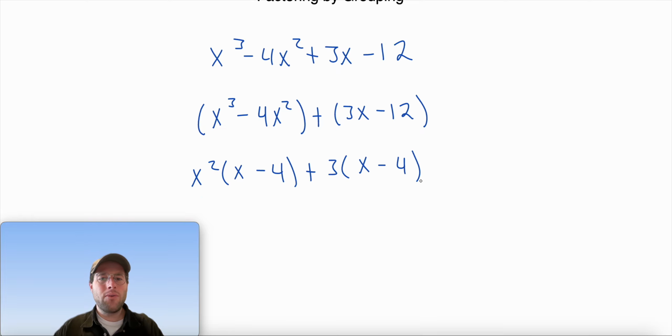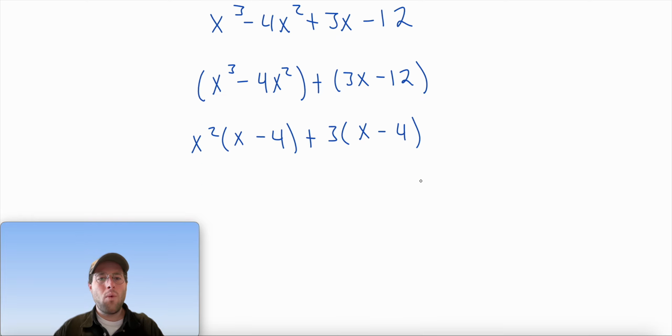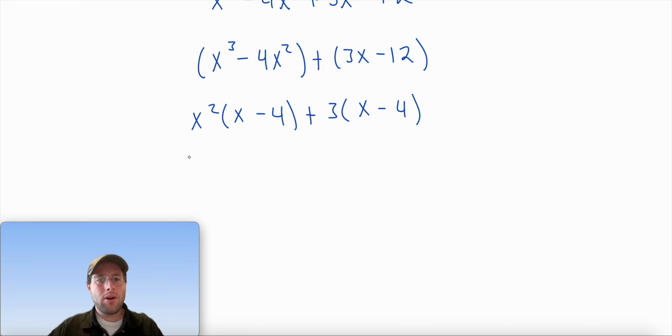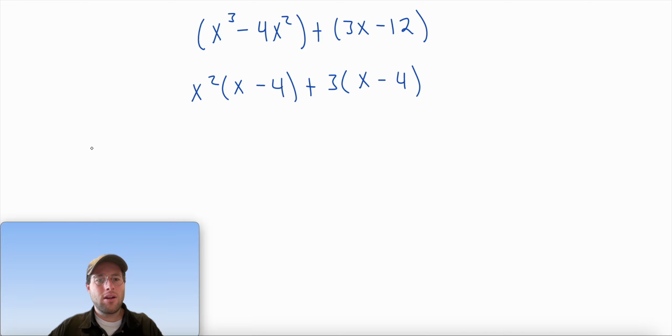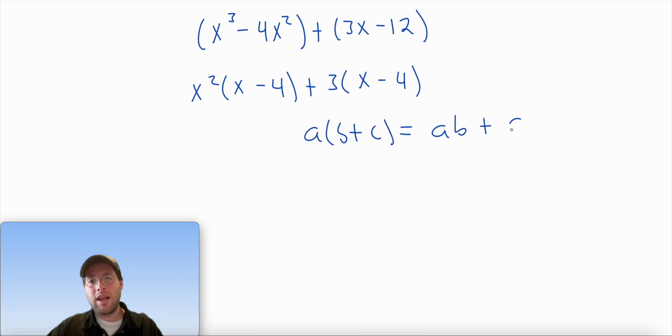And now to go from here to the next part, what we're actually going to be using is the distributive property. And so I'm going to write that out right here. So for the distributive property, we have that a times b plus c equals a times b plus a times c.